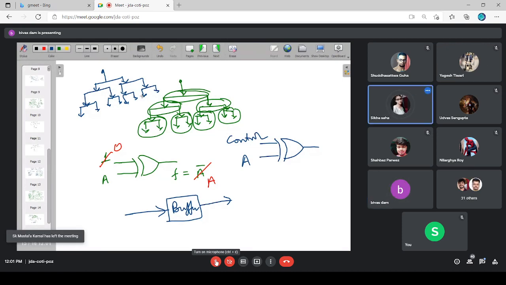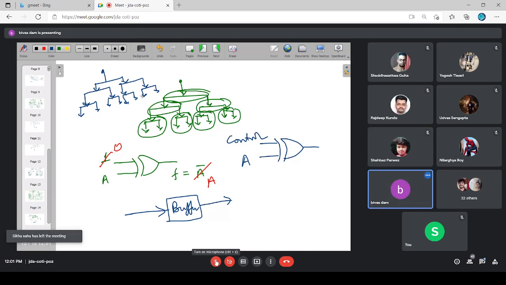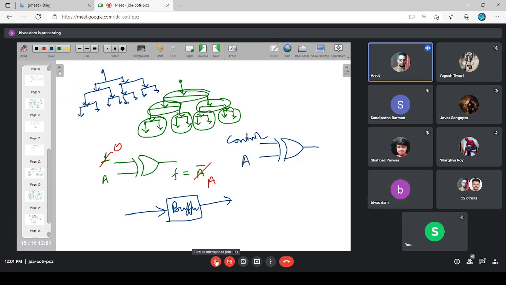Present. Sahbaj Parvez? Present, sir. Suraj Soren? Absent. Brutin Ghosh? Absent. Rion Samanto? Absent.